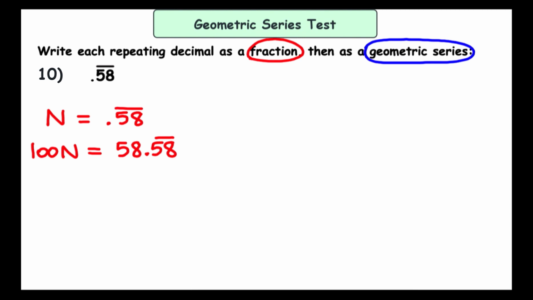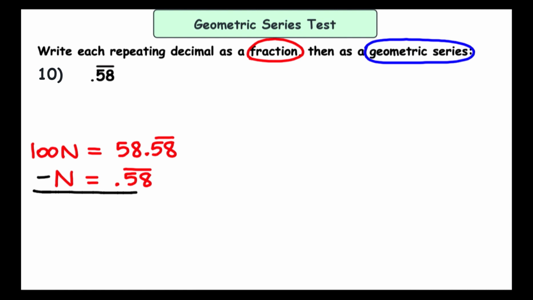All right, if I take 100n and I subtract n, let me just move this to the bottom here. What if I did some subtraction? Well, 100n minus 1n would be 99n. When you subtract on the right side, even though this goes on forever, so does this. They're going to cancel themselves out.